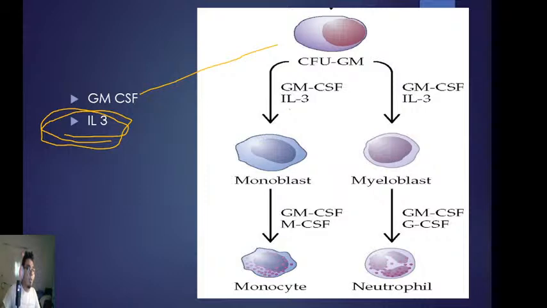So it becomes either a monocyte or a monoblast. And there are signaling proteins here too. I think it's pretty straightforward this time. GM-CSF, granulocytic monocytic colony stimulating factor, and then M-CSF, monocytic stimulating factor. And then this one is G-CSF, granulocytic colony stimulating factor.